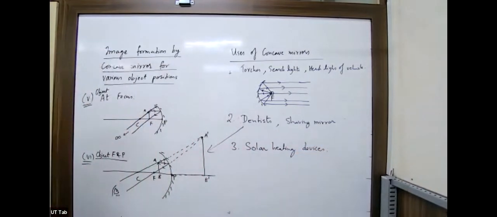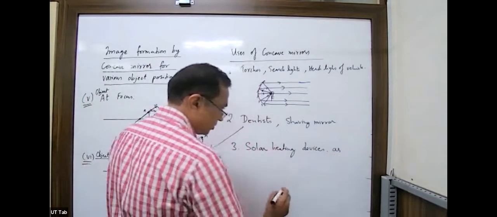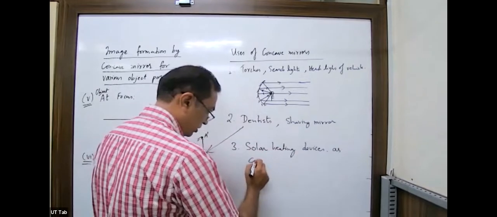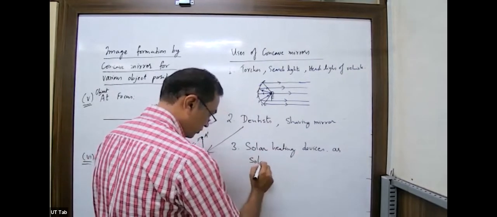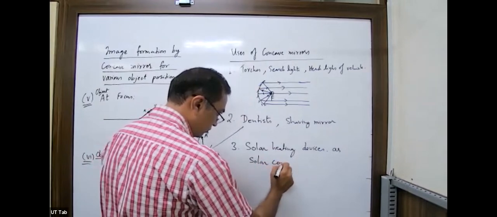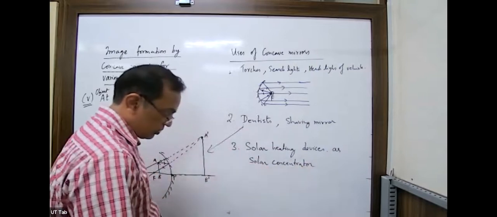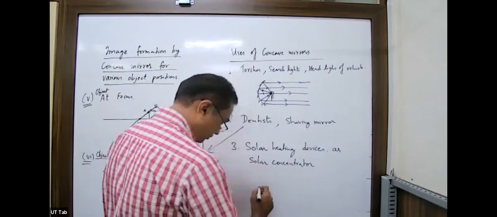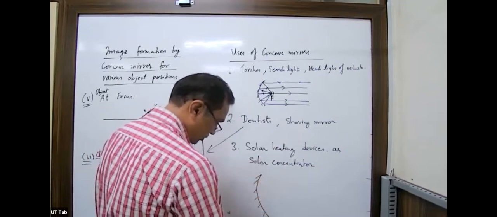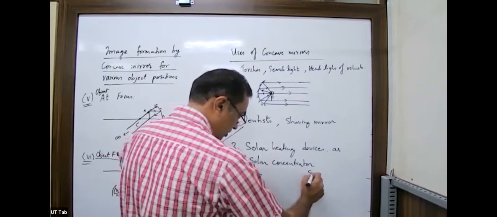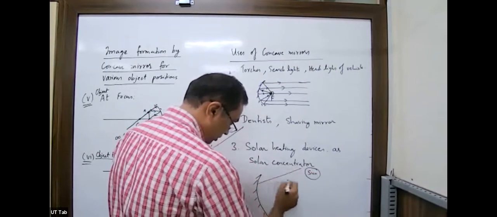As a solar concentrator. So what happens is, suppose you have a concave mirror and the sunlight is falling on it.